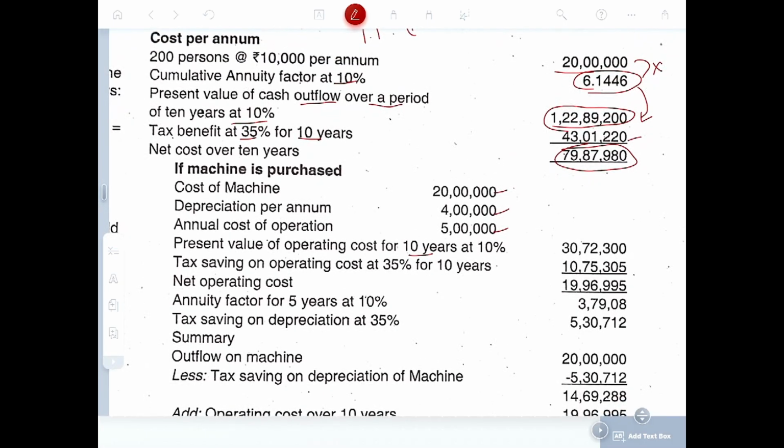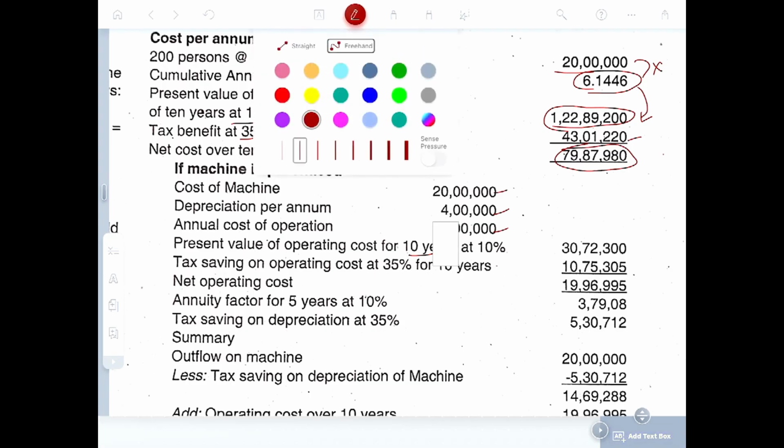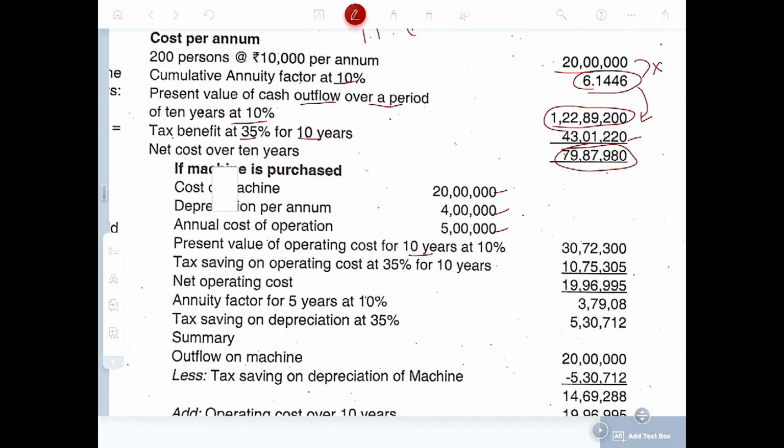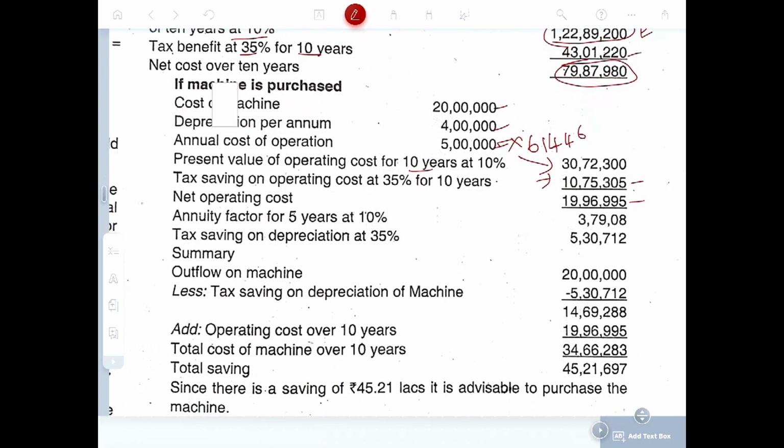Divided by 6.1446, for 5 lakhs. So annual cost of operation 5 lakhs. 5 lakhs into 6.1446 is 30 lakhs, and 10%, 10 lakhs. The net operation cost is 19 lakhs.